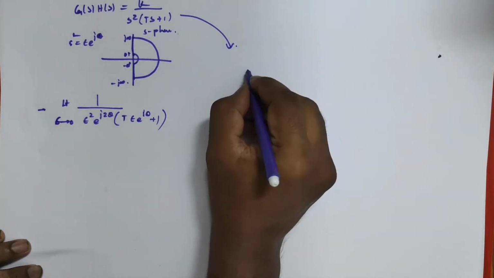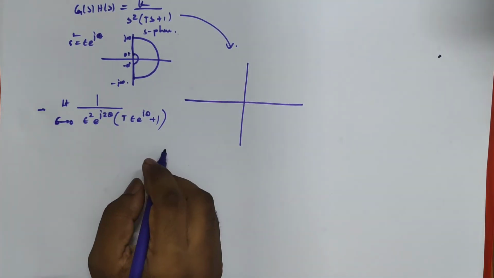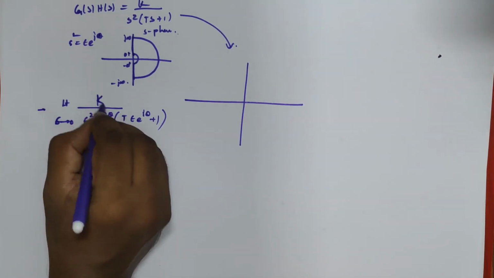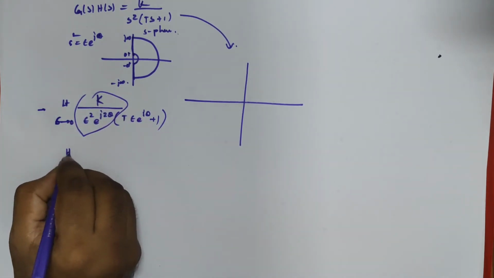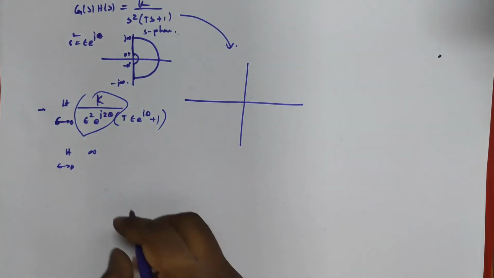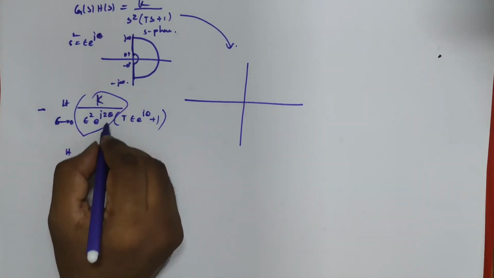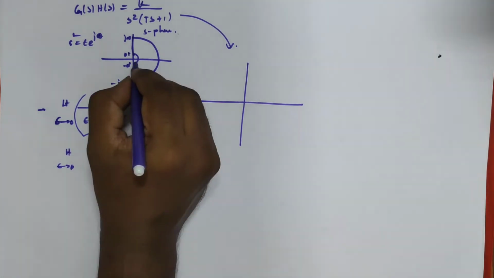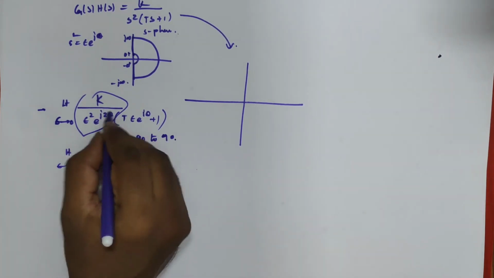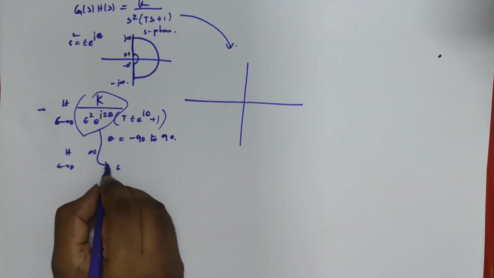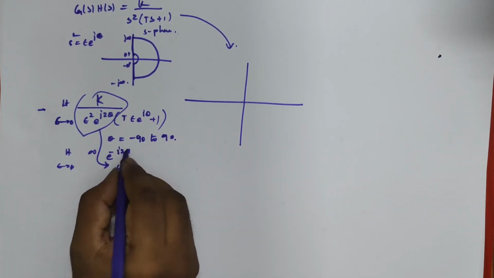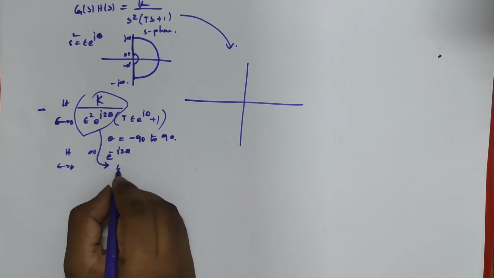Now what I observe is that this whole function, limit epsilon tends to 0, the magnitude I'm getting is infinite. But my theta is varied from minus infinity to plus infinity, and here in this function it is e power minus j theta, so it is minus 2 theta.